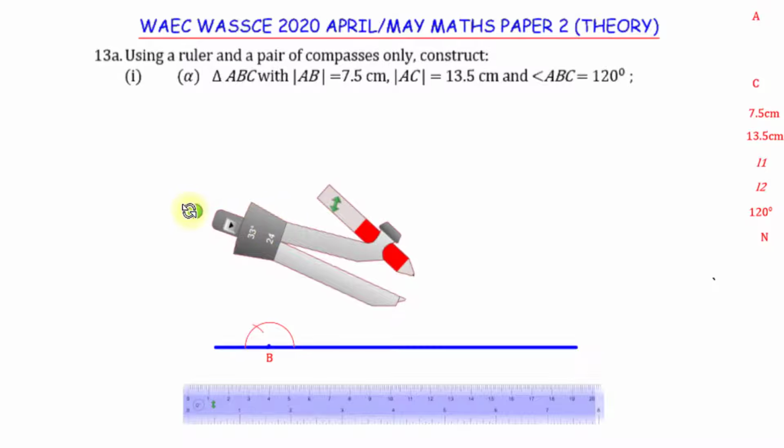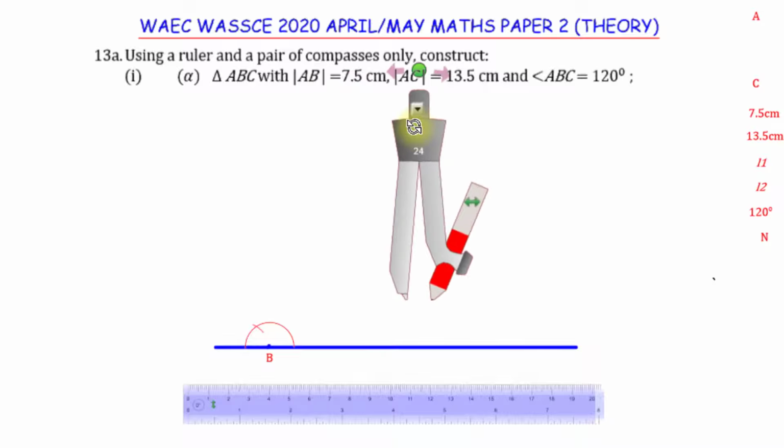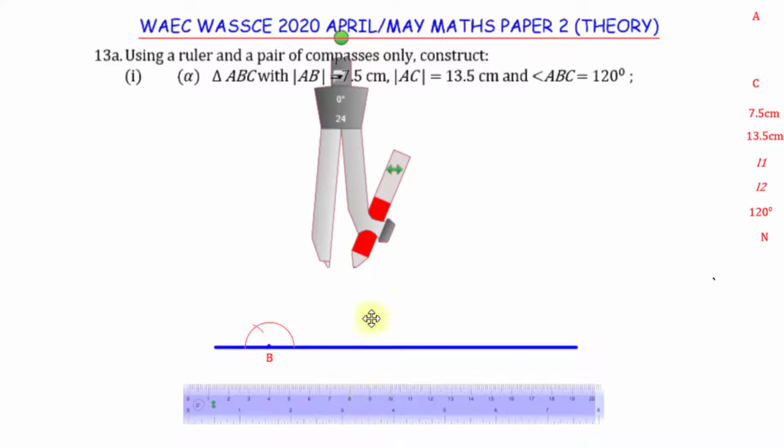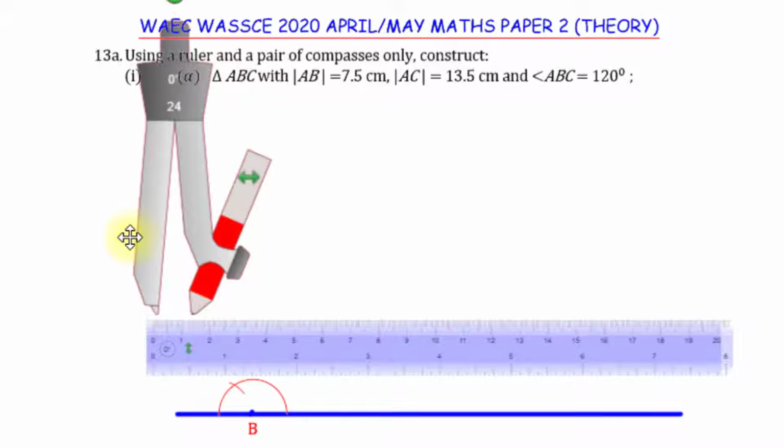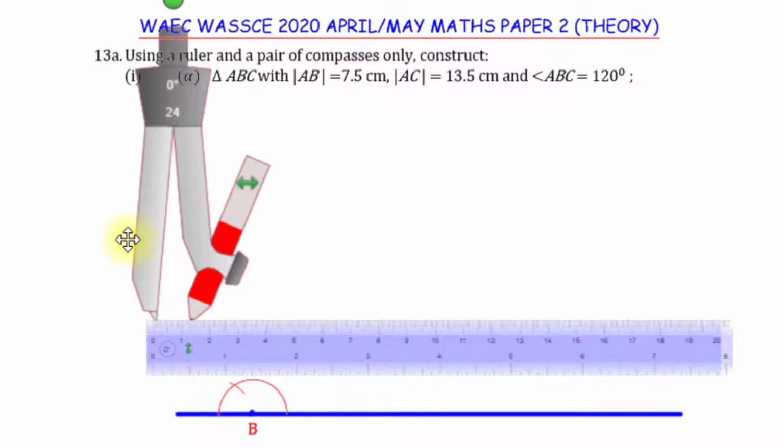We want to mark off the line AB, and AB we are told should be 7.5 centimeters. So to do that, we just need to bring in the ruler and then mark off 7.5 centimeters on the ruler.